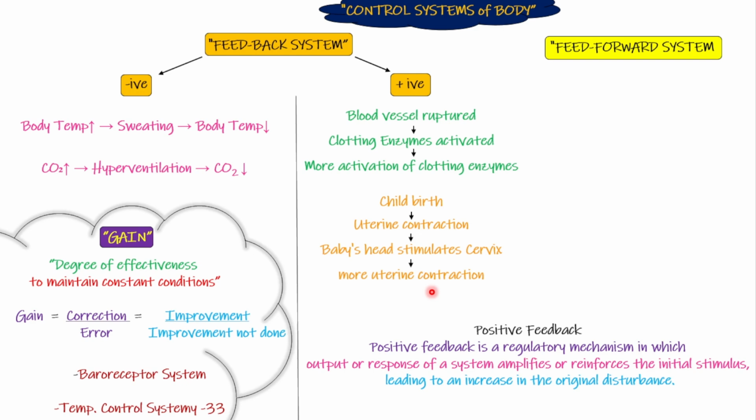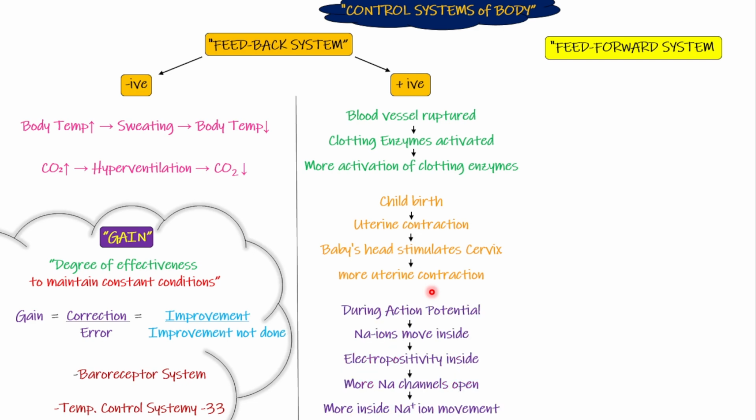Okay. Now the third example of the positive feedback system is during the action potential. Now, what happens in action potential? The positive ions move inside. The sodium ion moves inside. And whenever there is movement of positive ions inside, there is electropositivity inside the cell.